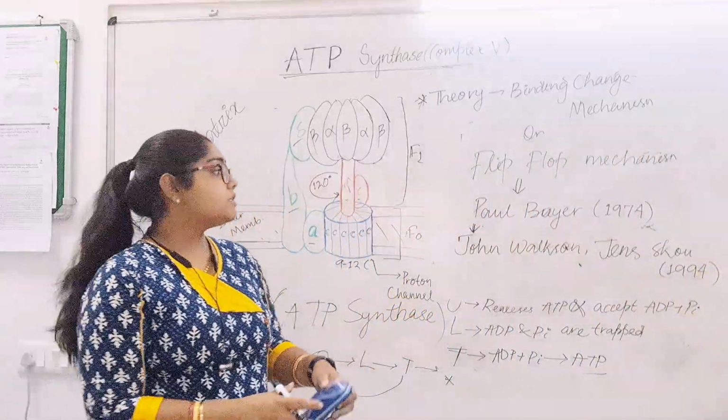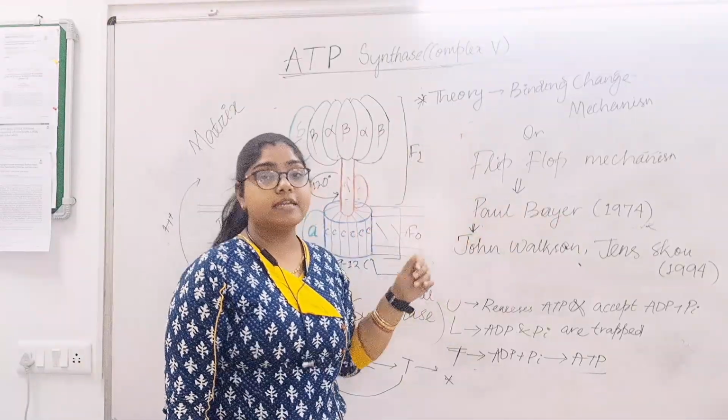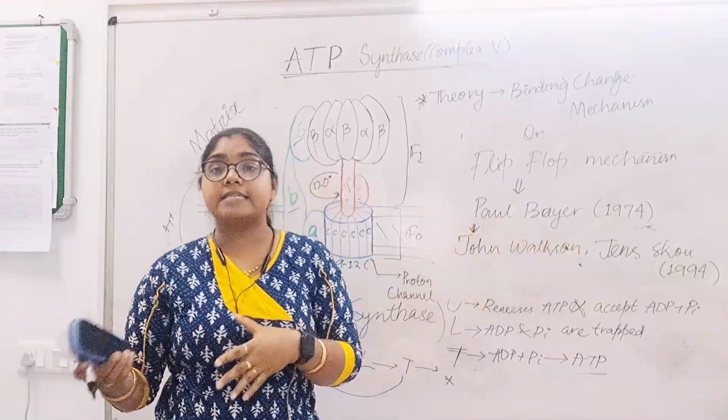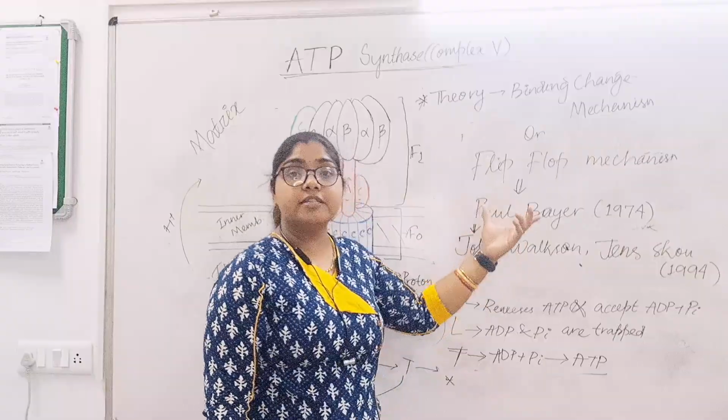The theory was first proposed by Paul Boyer in 1974, but then John Walker and James Coe performed X-ray crystallography in which they confirmed and supported the theory.